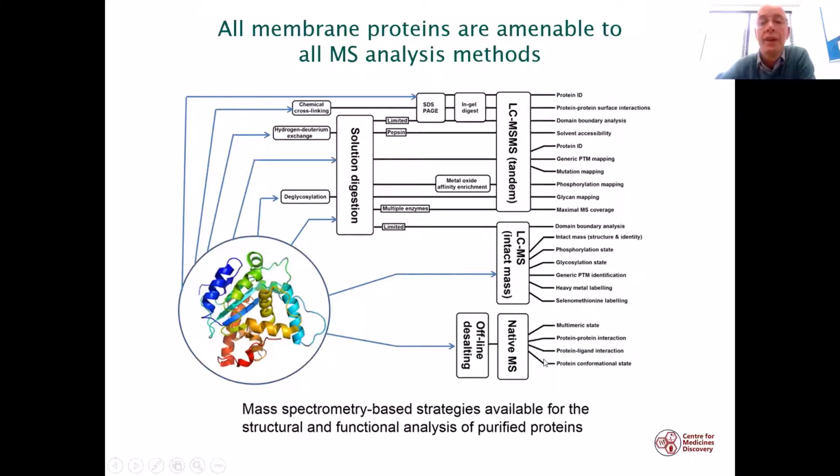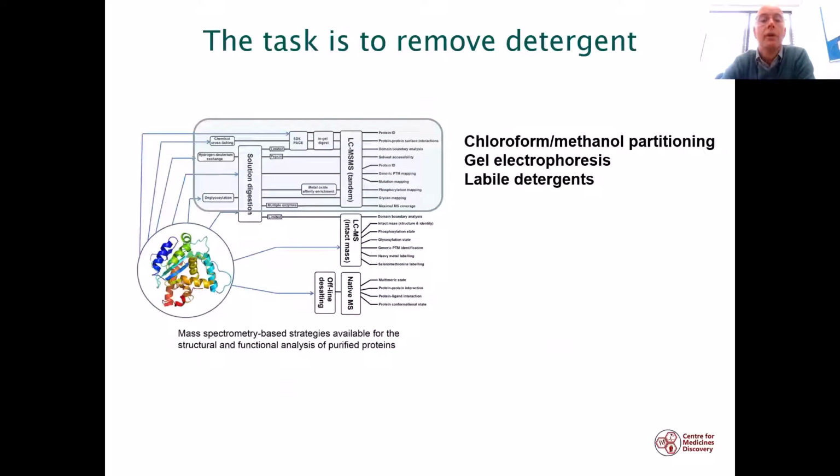The task for these analyses to work is to remove the detergent. For MS-MS methods, the normal way that would be done is through chloroform methanol partitioning. It can also be done by gel electrophoresis, and you also have the option of using labile mass spec friendly detergents.